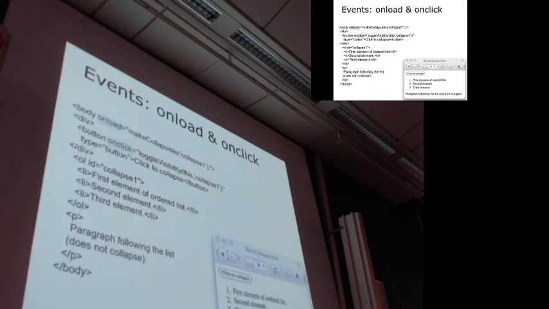Now we already saw these attributes in HTML, right? So we have this onload and onclick, which is one way to do it, but there are other ways to do it as well. We will see some examples, and in JavaScript there are many ways to do it. In jQuery there are many ways to do it, but they're all the same principle.